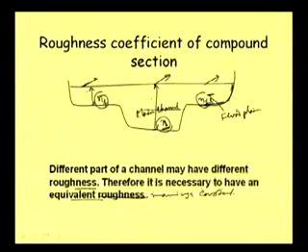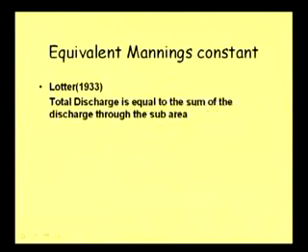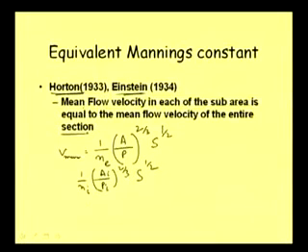Then say we are starting from that, and then for the sub area when we write, this will be 1 by Ni, then Ai by Pi to the power 2 by 3, S to the power half. Now by this assumption, what can be written is 1 by Ne into A by P to the power 2 by 3 S to the power half, which is equal to the mean flow velocity.